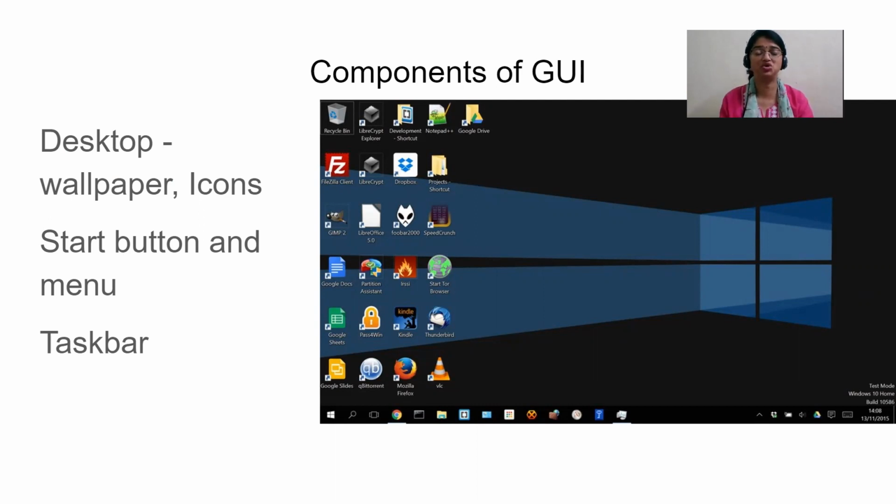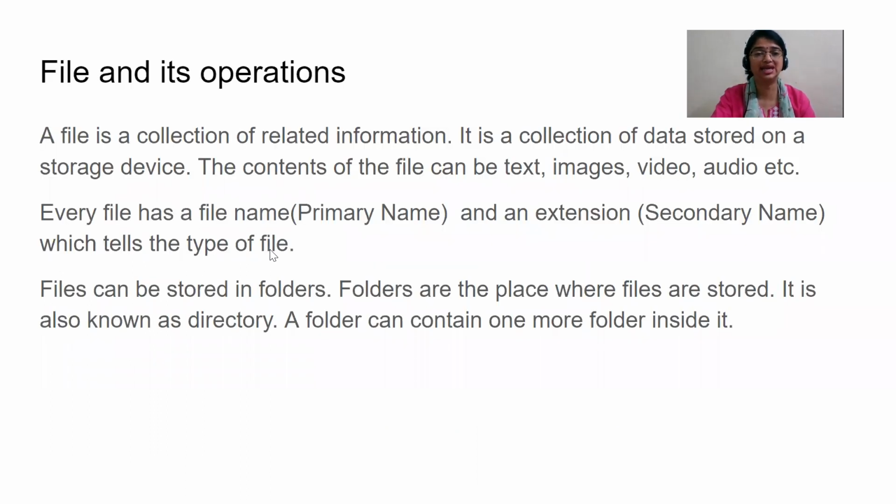Windows, which I'm showing you now, is multitasking. At one point of time, we can do multiple tasks. For example, I can be taking the printout, I can be listening to music, and I can be typing the text in my document also. So these are the components of which one? GUI.